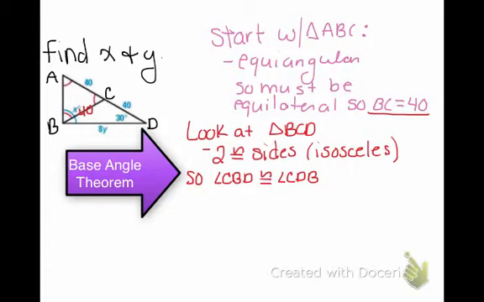So since BC is congruent to CD, angle CBD is congruent to angle CDB. So we know that angle CBD is going to have a measure of 30 degrees.